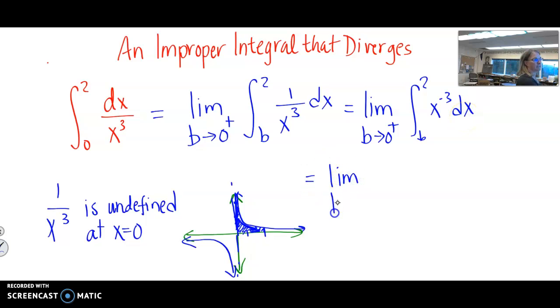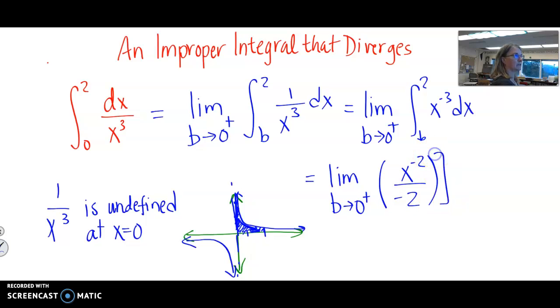So I'm keeping this limit here as b approaches 0 from the right, and I'm going to integrate x to the negative third, which is x to the negative second over negative 2. And then we're going to put in our limits of integration.